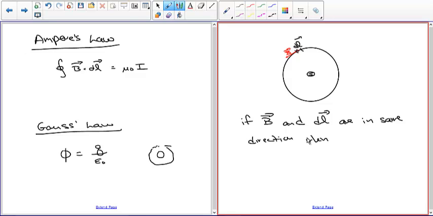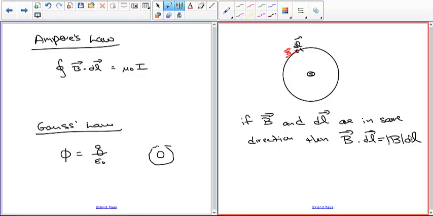then B dot dl just equals B, the magnitude of B, times the length of dl. So you lose the vector. It's an easy dot product. And then, because of the symmetric nature, the wire is round and the circle is round, B should be constant at any given radius.